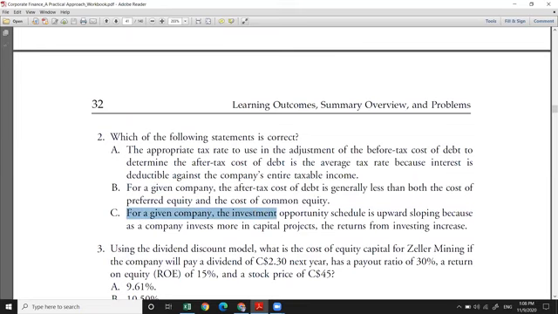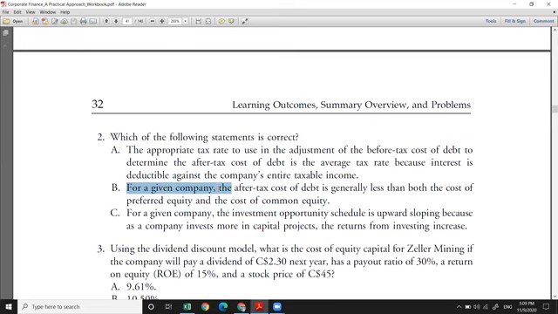So for a given company, the investment opportunity schedule is upward sloping because the companies invest more in capital projects, so the return from the investment increases. So which of the following statements is correct?